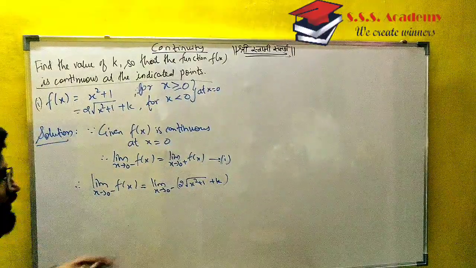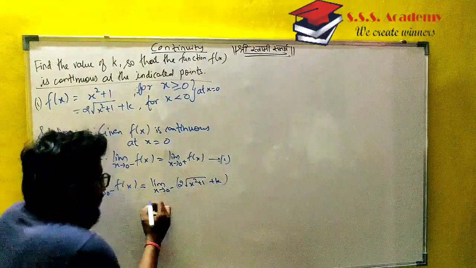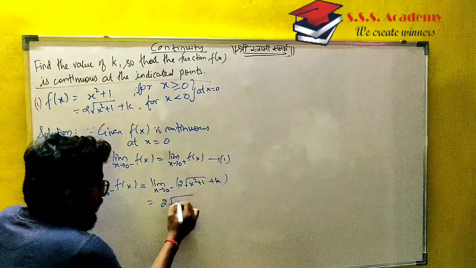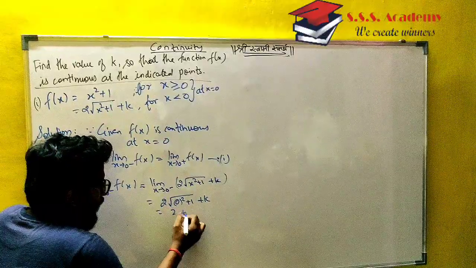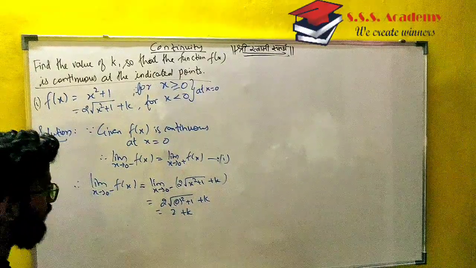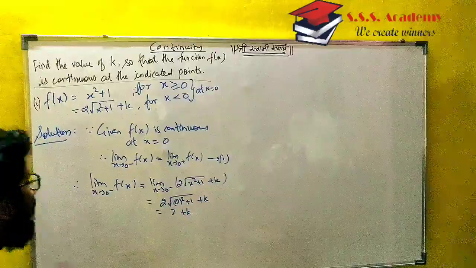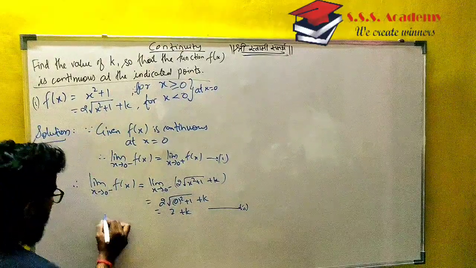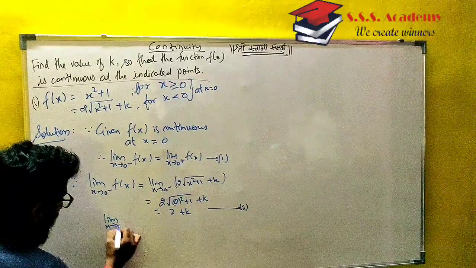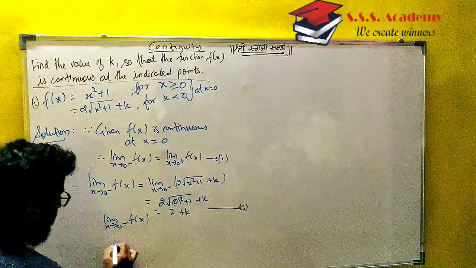Now since this is not 0 upon 0 form, directly we'll substitute the value: 2 under root 0 square plus 1 plus k. That is 2 plus k. We'll give this equation number 2. This is the value of limit x tends to 0 minus f of x.